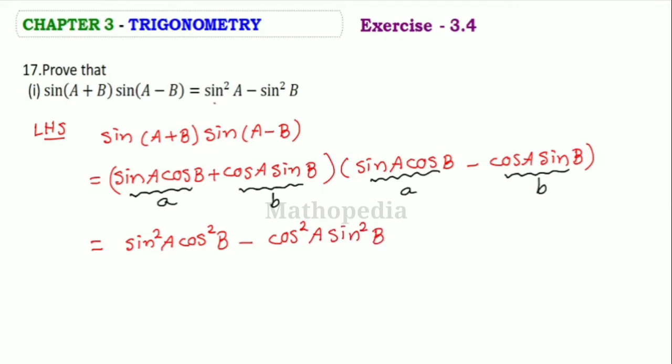Now look at the answer. We have sin²A − sin²B. So write this cos²B in terms of sin². So we get sin²A into (1 − sin²B), minus, similarly, write this cos²A in terms of sin², so we get (1 − sin²A) into sin²B.